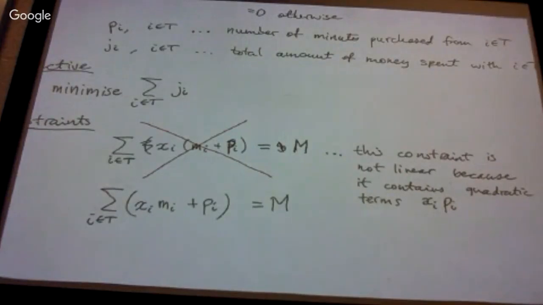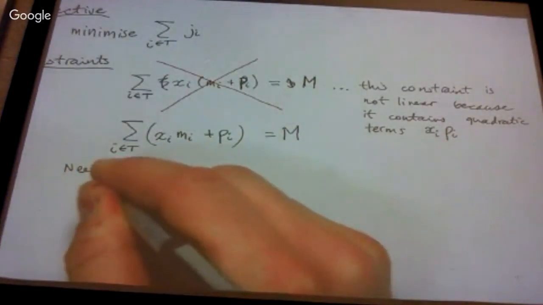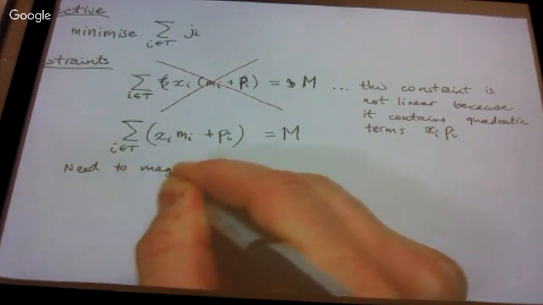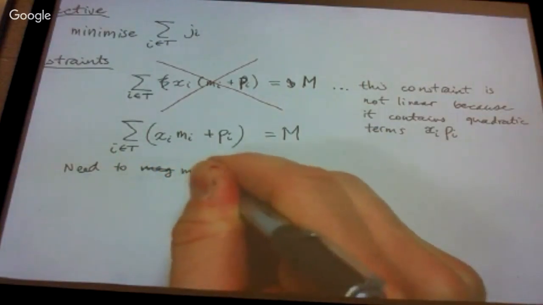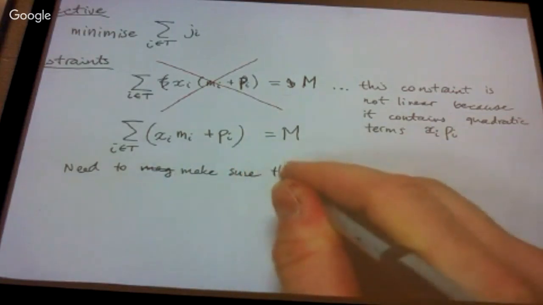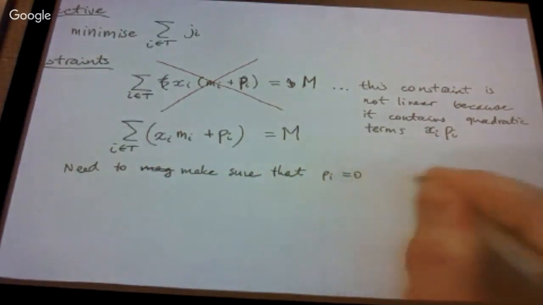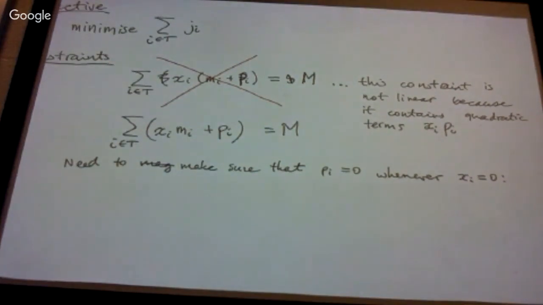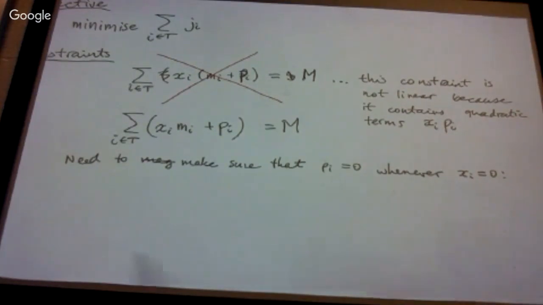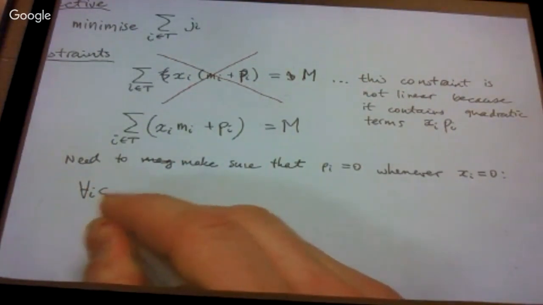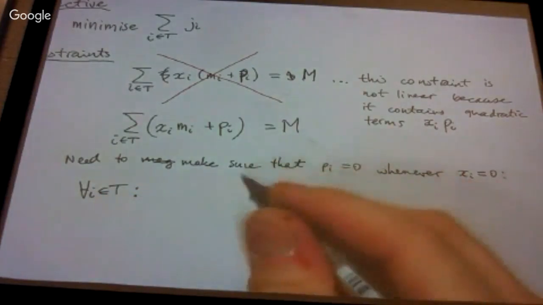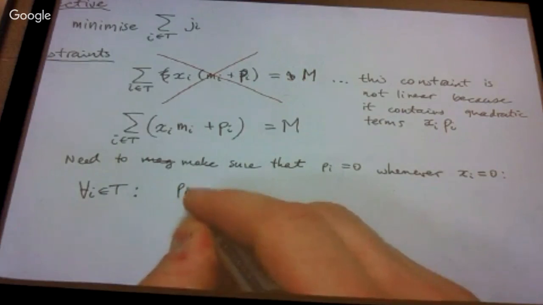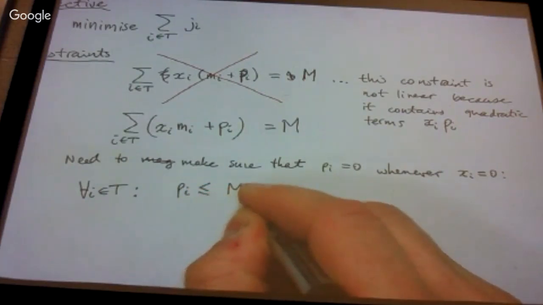So we need to make sure of that, and for this we can use a linear constraint, which says that this pi is no more than M times xi.